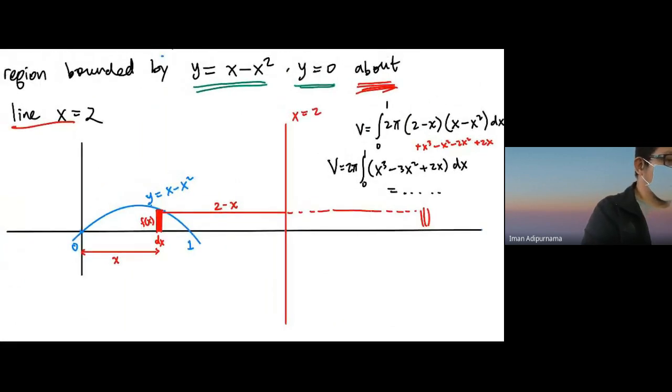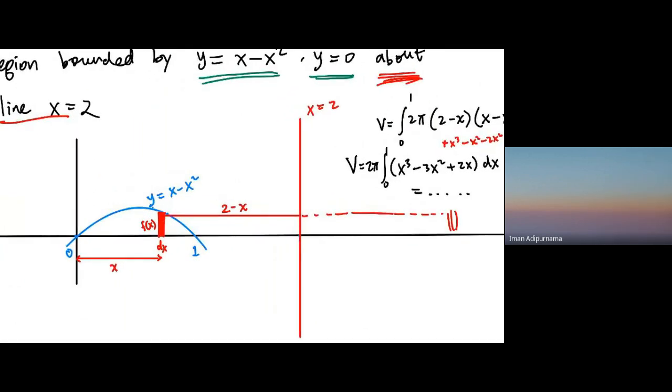But what I want to show you here is that when you have any line aside from the y or x axis, you need to focus on finding the radius. Usually you have just x or y. Now you need to relate the radius with your line.